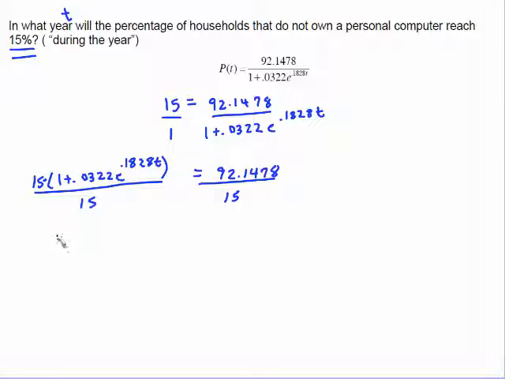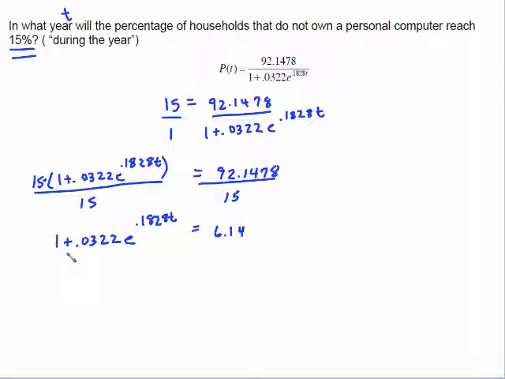So on the left side, it's 1 plus 0.0322e to the 0.1828t. And then with your calculator, you can do 92.1478 divided by 15, and it is approximately 6.14. Leave the whole number on your screen, but this is about 6.14.